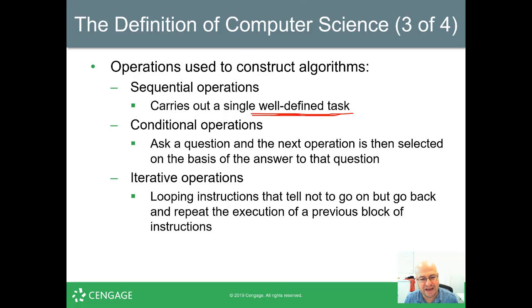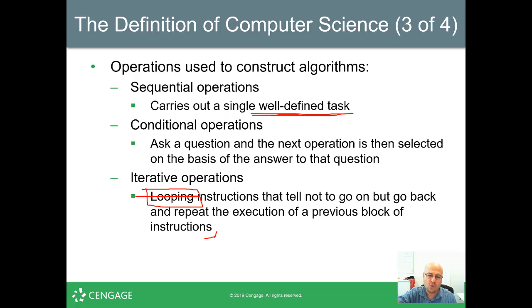And obviously, iterative operations, which are what we call loops. So we say, while you are pouring the boiling water, you stir the dough, right? You stir the dough to make a cake. These are loop instructions that tell you not to go on, but to go back and repeat the execution of a previous block of instructions.